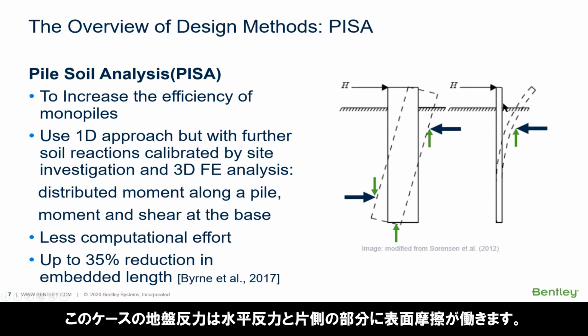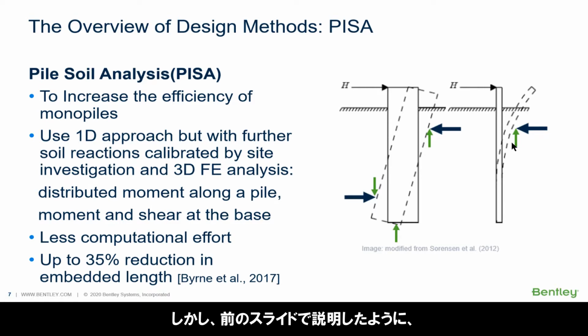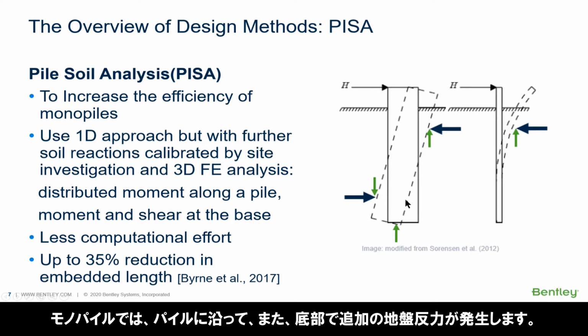The soil reaction in this case would be the horizontal reaction and the skin friction at one side of the pile. However, as we talked about in the previous slide, monopiles are not slender. This results in additional soil reactions along the pile, both on the face of the pile and also at the base.